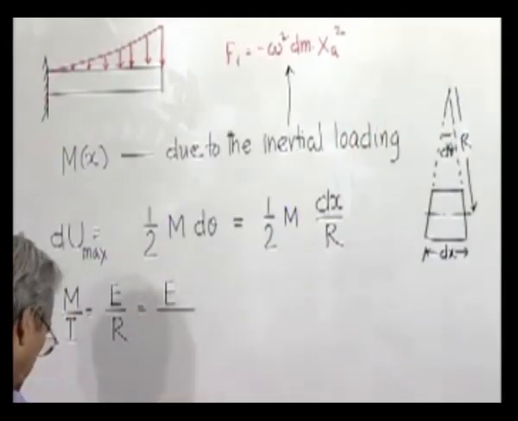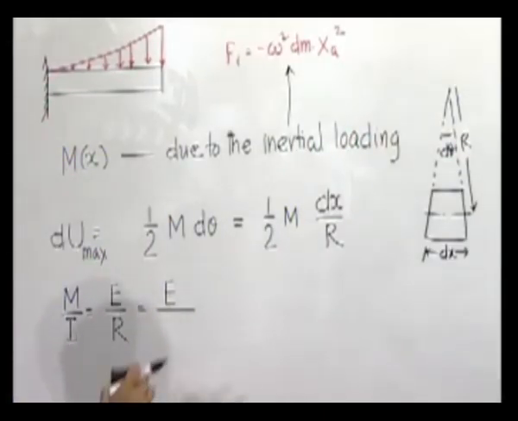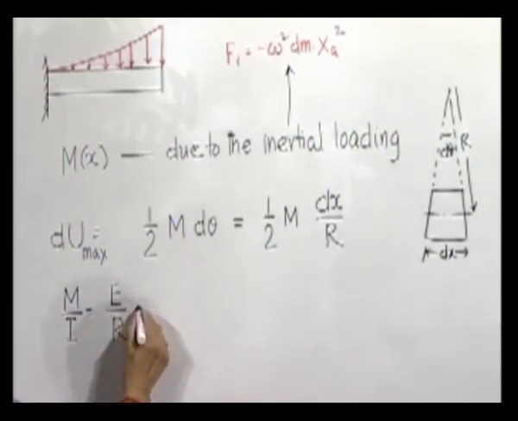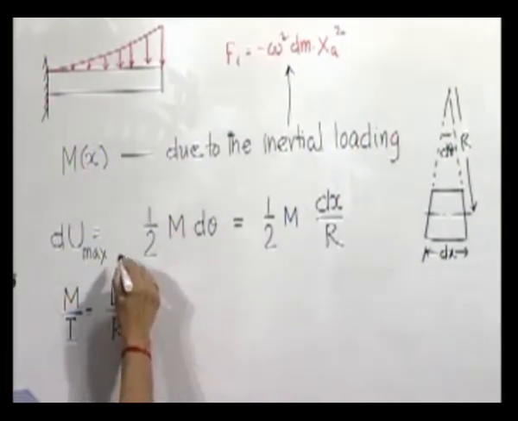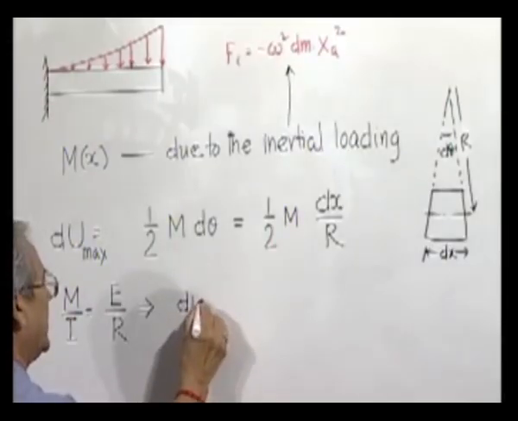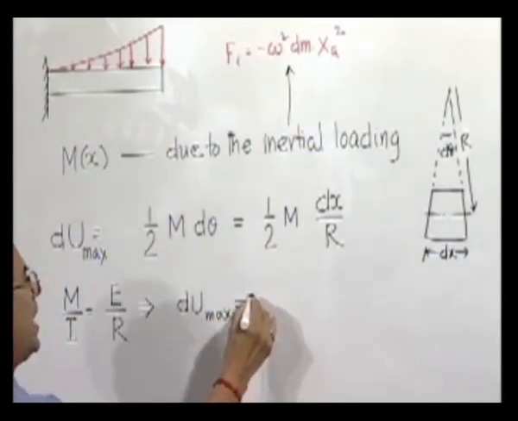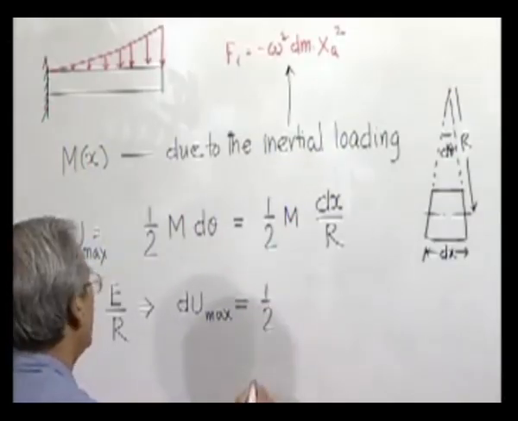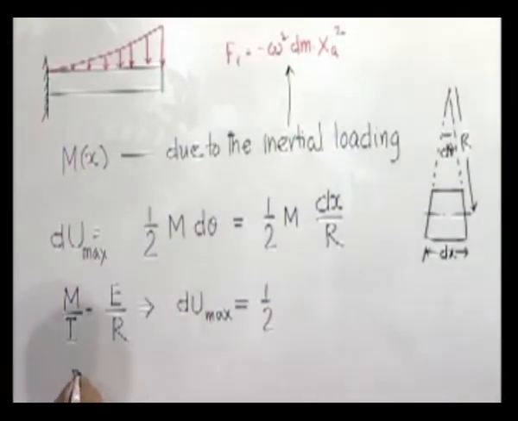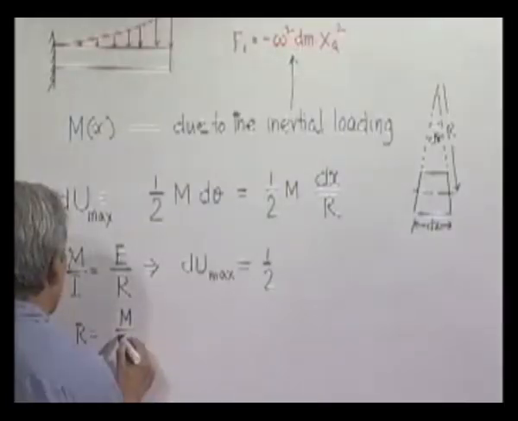We will come to that later when we replace. So, using this, we get for the element the maximum strain energy stored is half, where 1 by R is equal to M by EI.